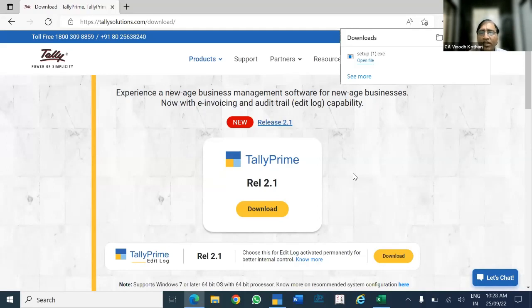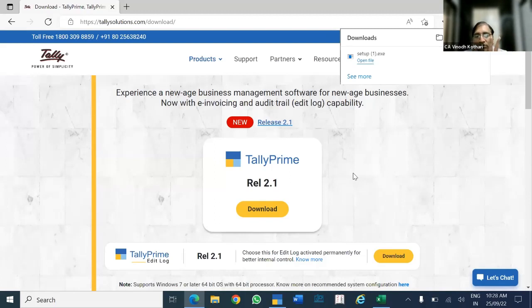Now we are going to use the educational version. So what is the difference between the licensed version and the educational version? You need to understand. In the licensed version, all the features can be activated. In the educational version, all the features can be activated except one, that is the printing feature.